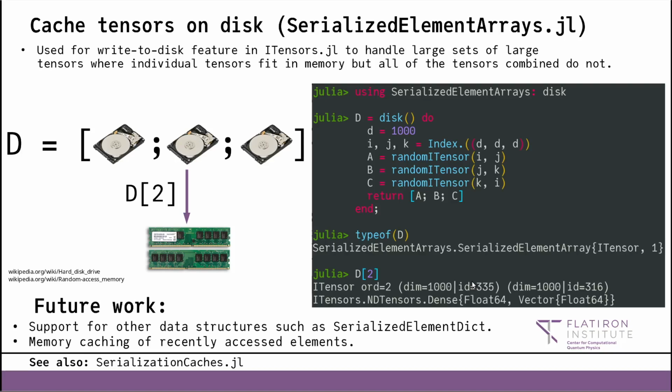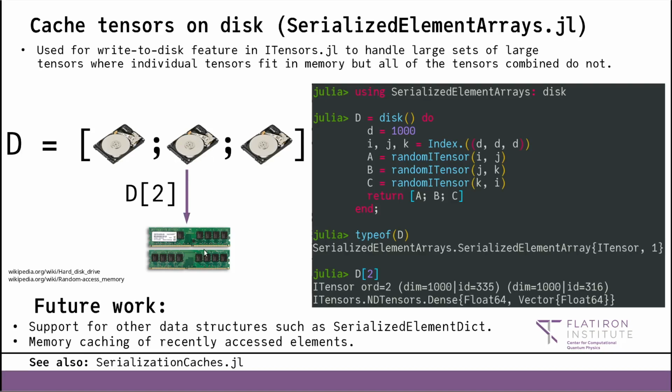Another small package that we've added, which is being used in ITensorNetworks.jl right now, is called SerializedElementArrays.jl. The idea here is that we might have a vector which is storing a bunch of tensors which are too large to store in memory together. So we store them each serialized to files on disk, and then we only access certain tensors that we need temporarily and put them in memory.